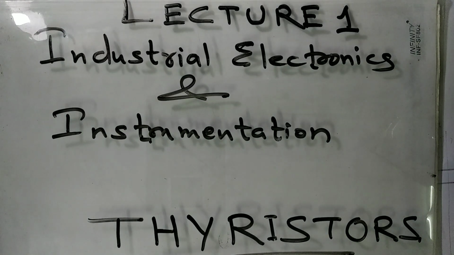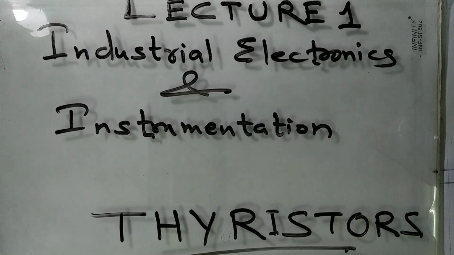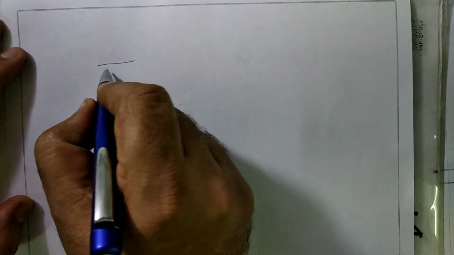Let us first see the internal construction and the symbol of SCR. The internal construction of silicon controlled rectifier is like this.